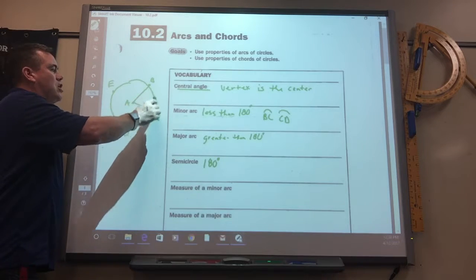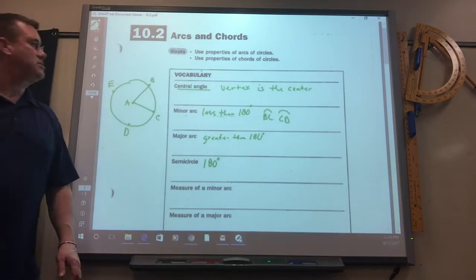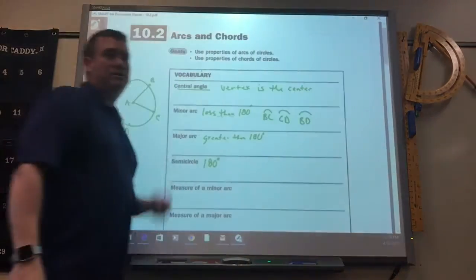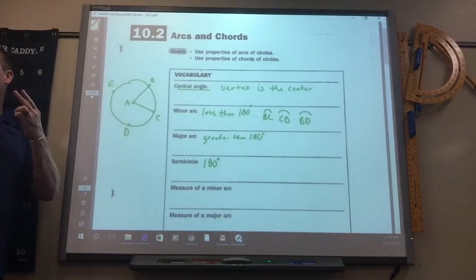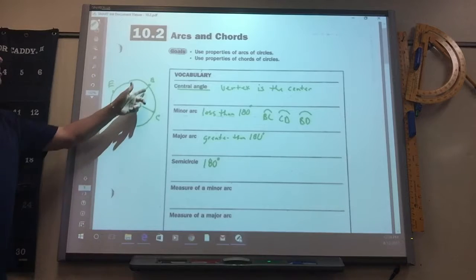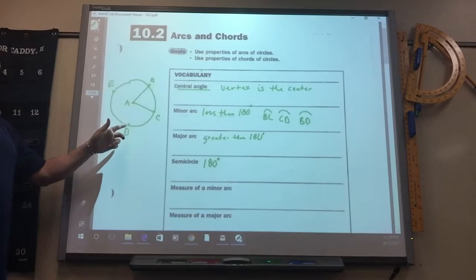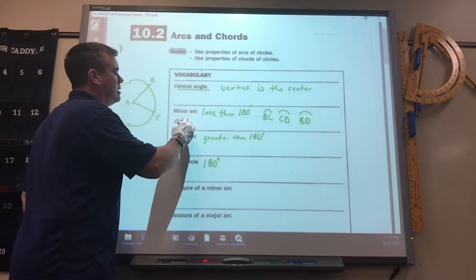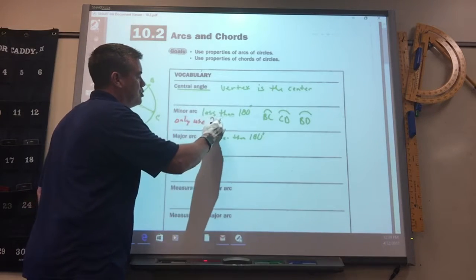Okay, so the thing with arcs is, if I put only two letters, it means you take the shortest route. So if it's just BD, this way takes longer than this way. So minor arcs only use two letters.